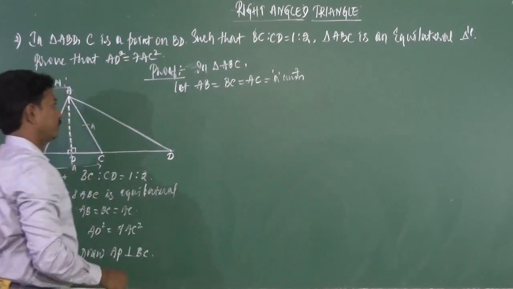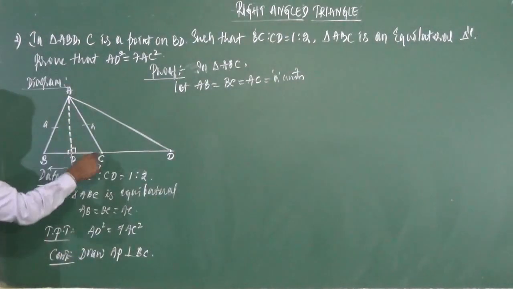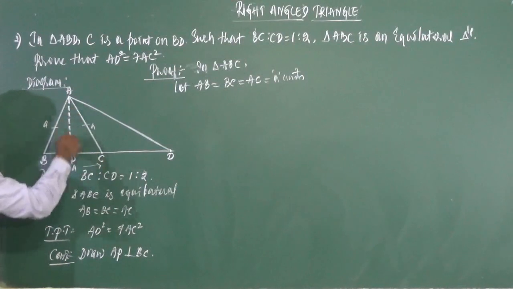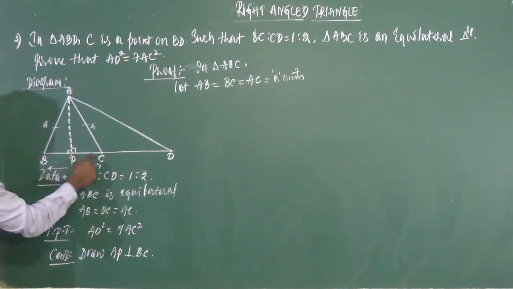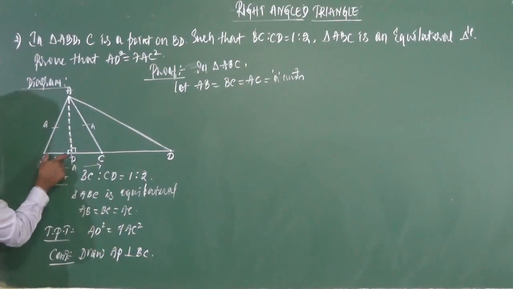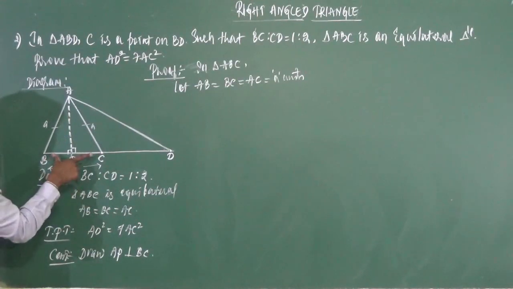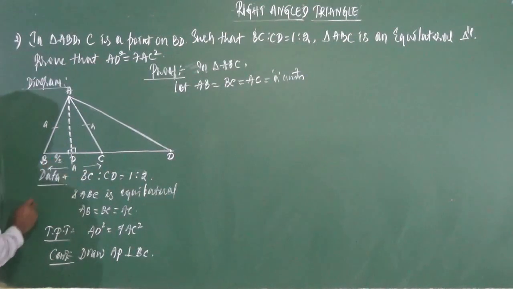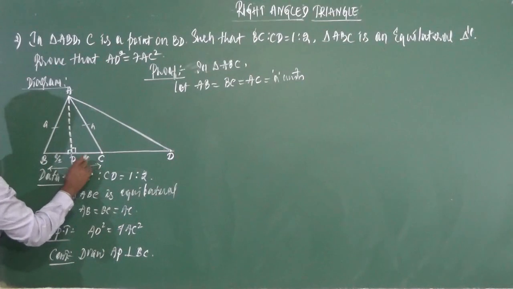Right. So now, in this equilateral triangle, as AP is drawn perpendicular to the BC, that is base, AP becomes the height, and it divides the base BC into two equal parts, that is BP is equal to PC. So if BC is equal to A, then BP is half of BC, so BP will be A by 2 and PC will also be A by 2.